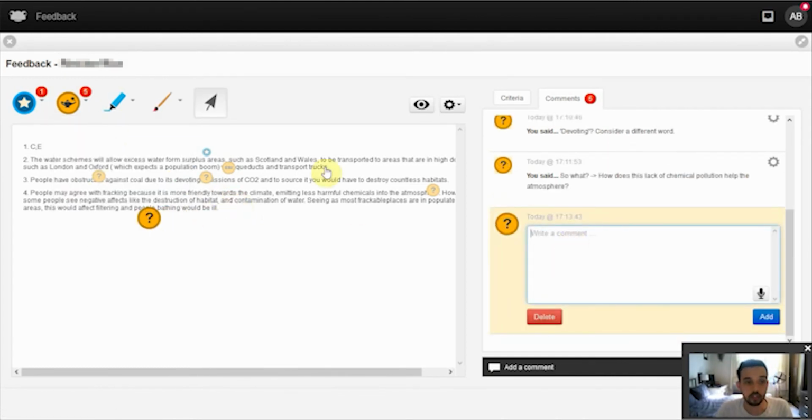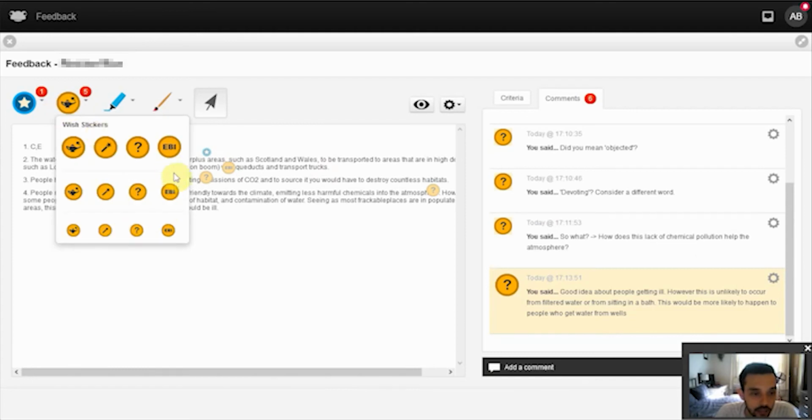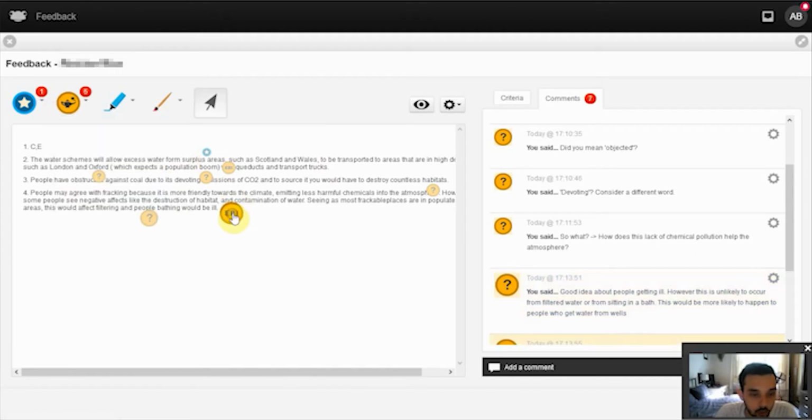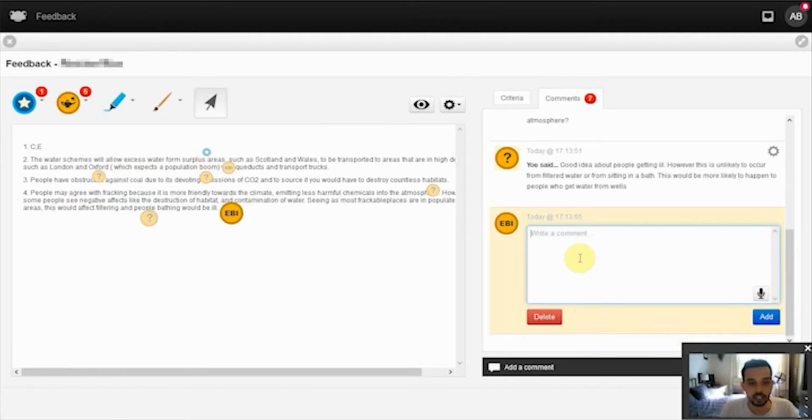This is why it's really good that we could just swap all these stickers around, and these stickers actually mean something. And now I'm going to frame an EBI, because what would have been a lot better is if he'd really gone forward with thinking about the positives and the negatives and sort of balanced that argument.